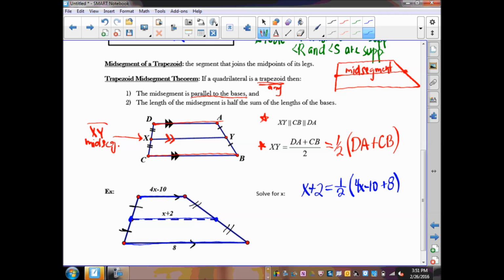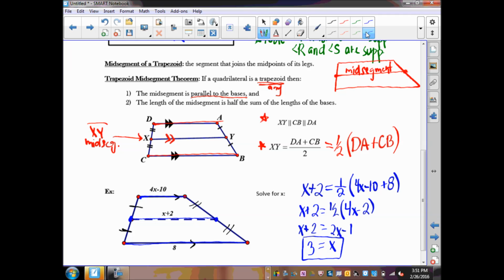You could multiply both sides by 2, but I'm just going to leave the 1/2 there. So we get 4x plus 2, distribute that 1/2, we get 2x minus 1. Subtract my x, so I get x on the right side, add my 1, so I get 3, and I get x equals 3. This will be my answer for x there.